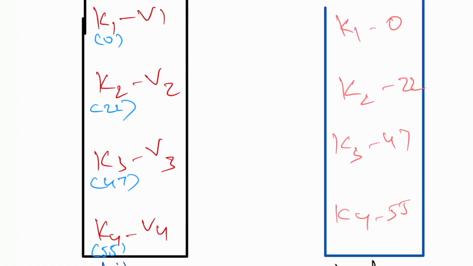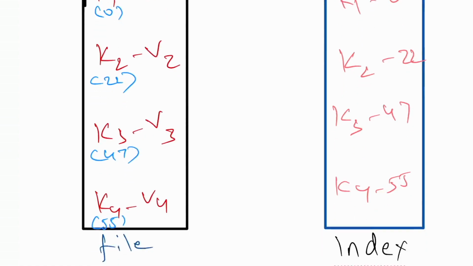So when I want to fetch, let's say K3, I know that I have to jump straight to the 47th index in that file and start reading from there, because I know that this is where my key K3 starts. So this overcomes the complexity of having to read line by line and figure out where the key is, correct?